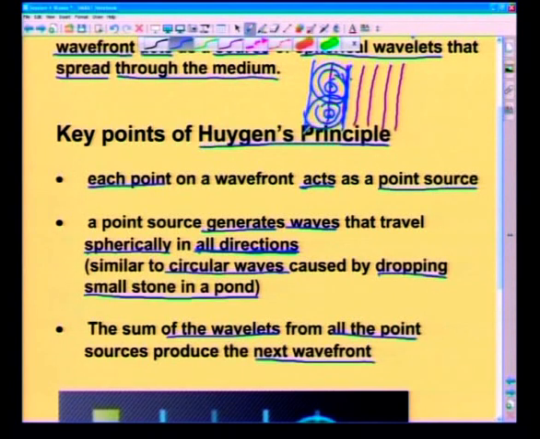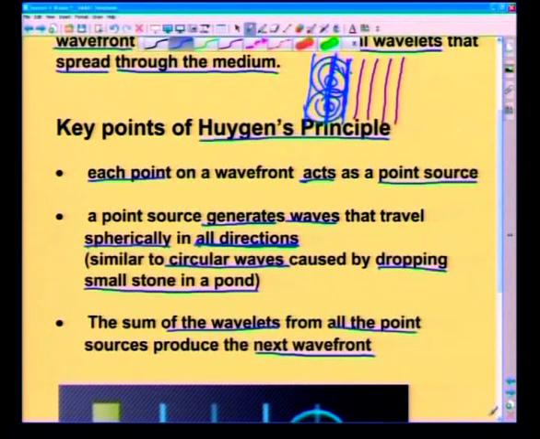This was the previous wave front, and there would have been the next wave front here from this one. So that's what he's saying. In other words, it's explaining the behavior of waves using a different approach, and that's what Huygens brought up.